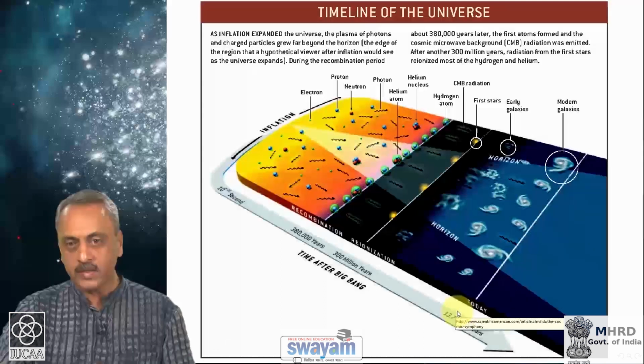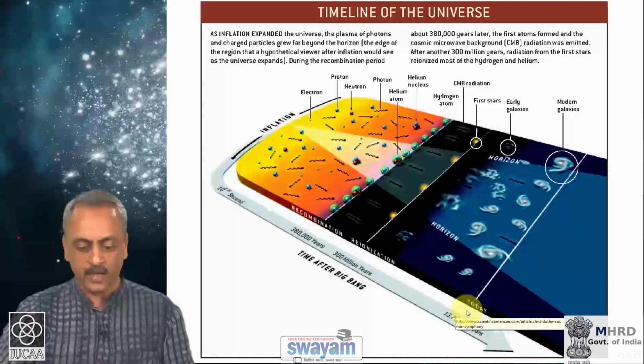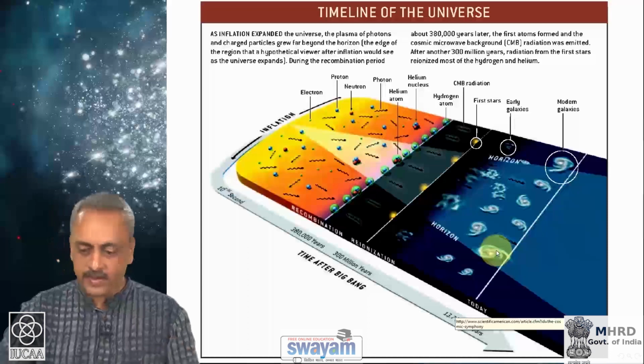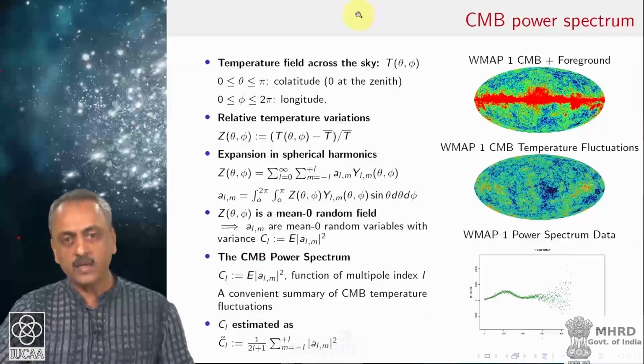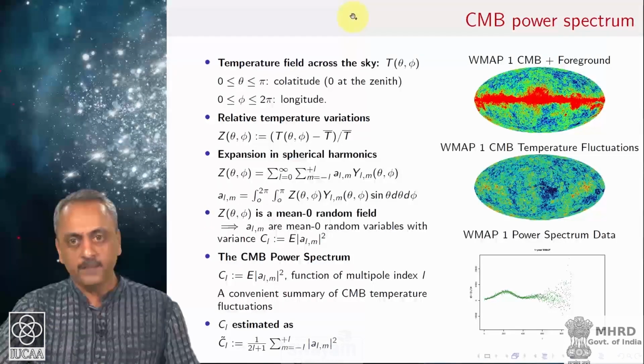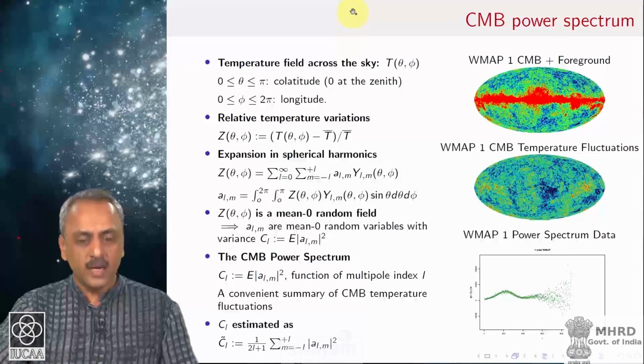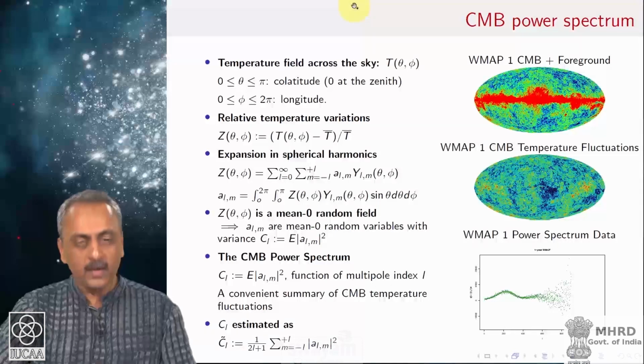So, it is typically called the 3 Kelvin radiation or 2.7 Kelvin radiation. We will refer to it as CMB radiation. Cosmic microwave background radiation was discovered in the mid or late 60s, and Penzias and Wilson got a Nobel for that.